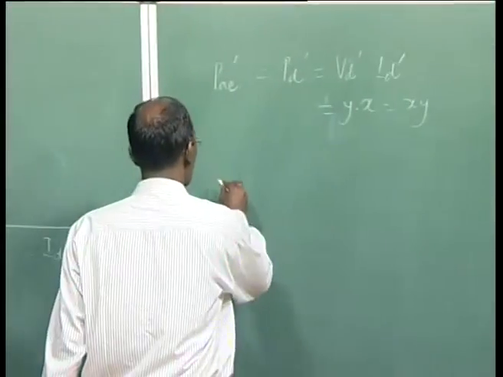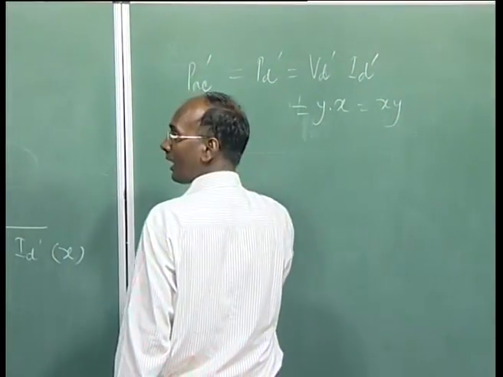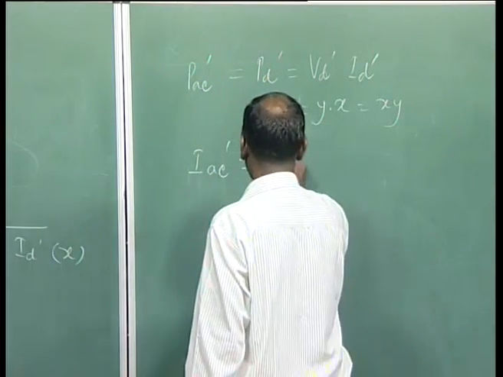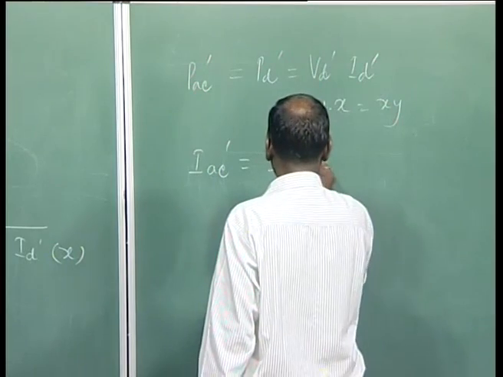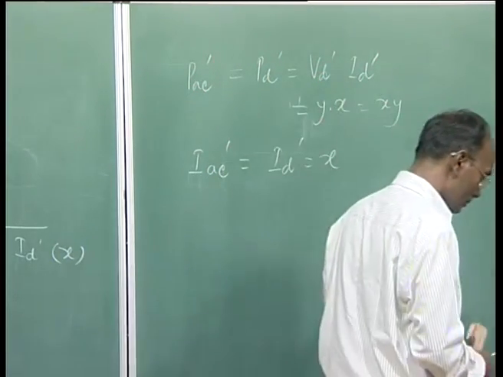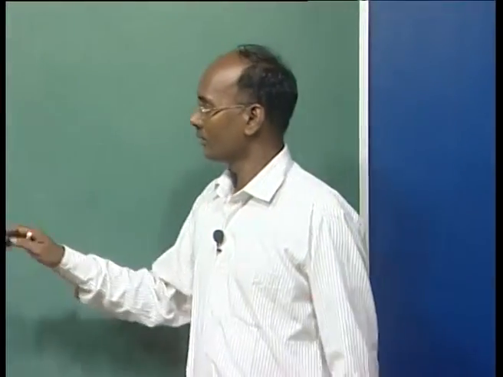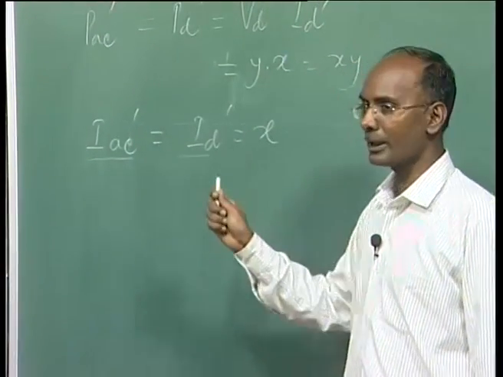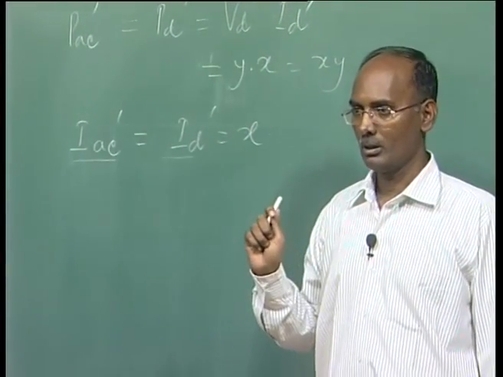Here is your current IAC prime. I am saying it is equal to your ID prime, and it is x. How is it true? Current cannot be the same base on both sides.